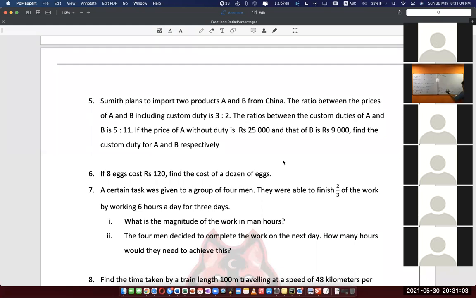That means minus 10y plus 33y, right? That is going to be equal to 50,000 minus 27,000, which is 23,000, isn't it? 23,000.